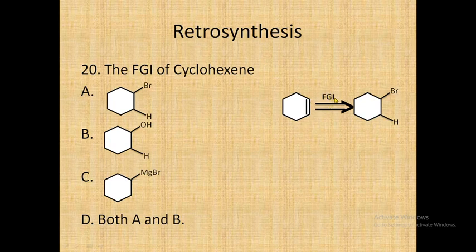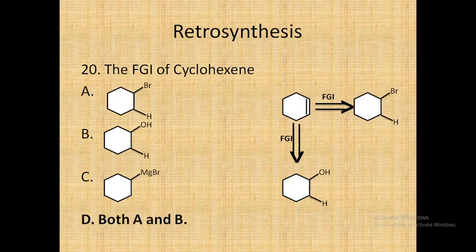If you are doing the FGI of this alkene, it can be obtained from alkyl halides by dehydrohalogenation reaction, or you can obtain the same alkene from dehydration of alcohol. So both can be the FGI for cyclohexene, and therefore the correct answer is D, both A and B.